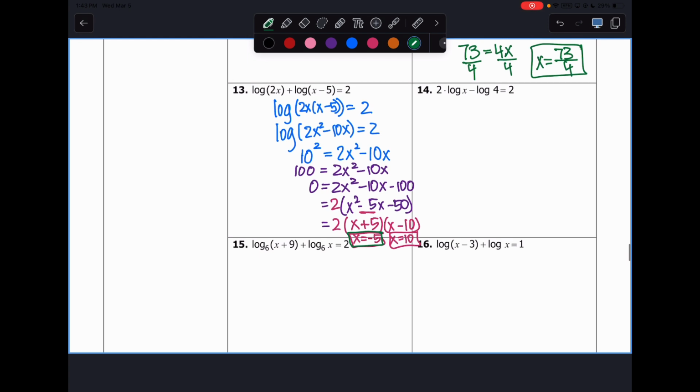So log of 2 times negative 5 plus log of negative 5 minus 5, does it equal 2? So let's see. Log of negative 10 plus log of negative 10, does it equal 2?